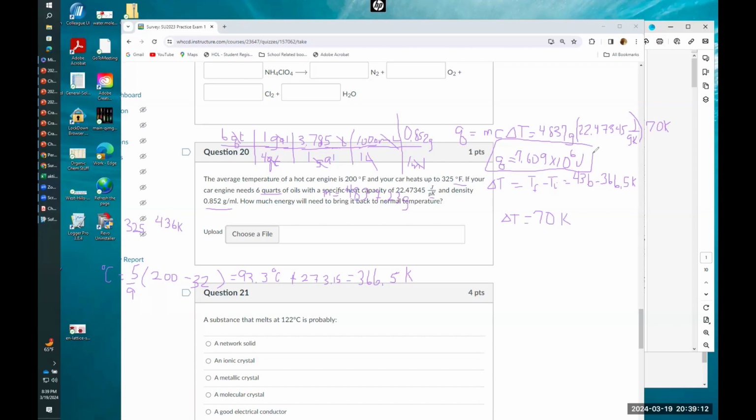So the answer should be in scientific notation. Or you can write it out. If you want to write it out, that's fine. So that would be 7,690,000 and something else. Okay, thank you. Okay.